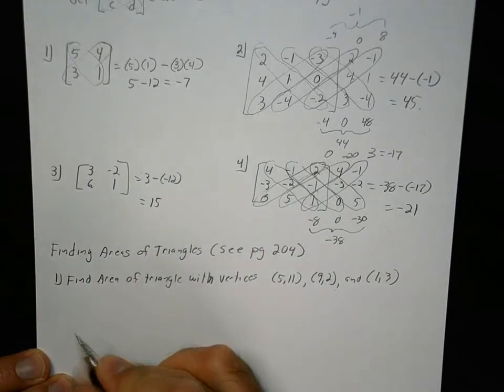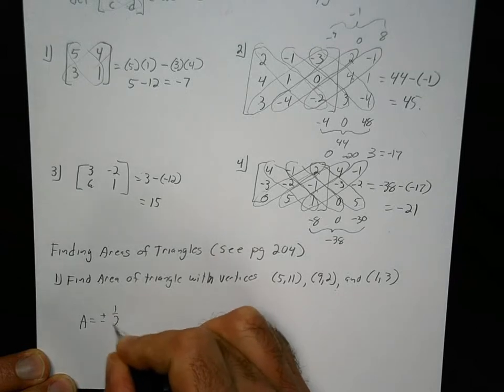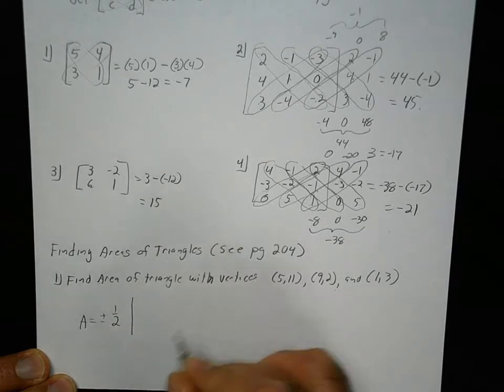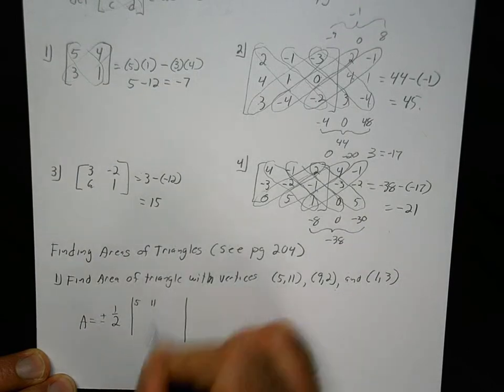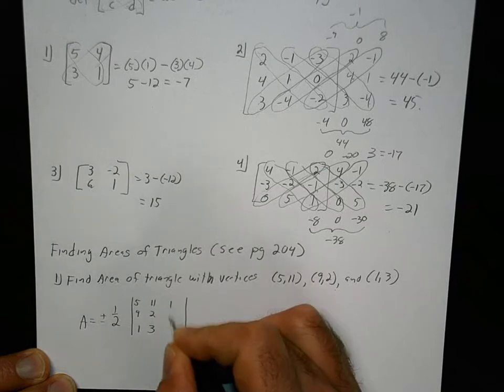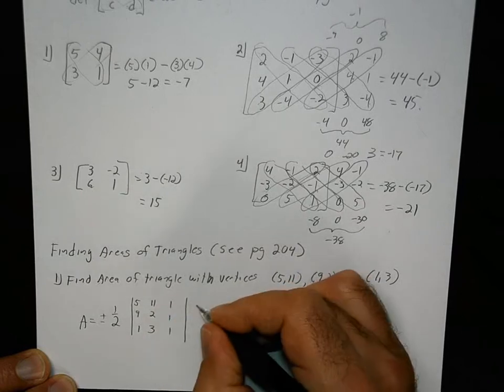Okay, so let's see the area. Plus or minus 1/2 times the determinant of this matrix. So let's put 5, 11, 9, 2, and 1, 3, and then the last one is just ones. So to find the determinant, I have to rewrite the first 2 columns again.